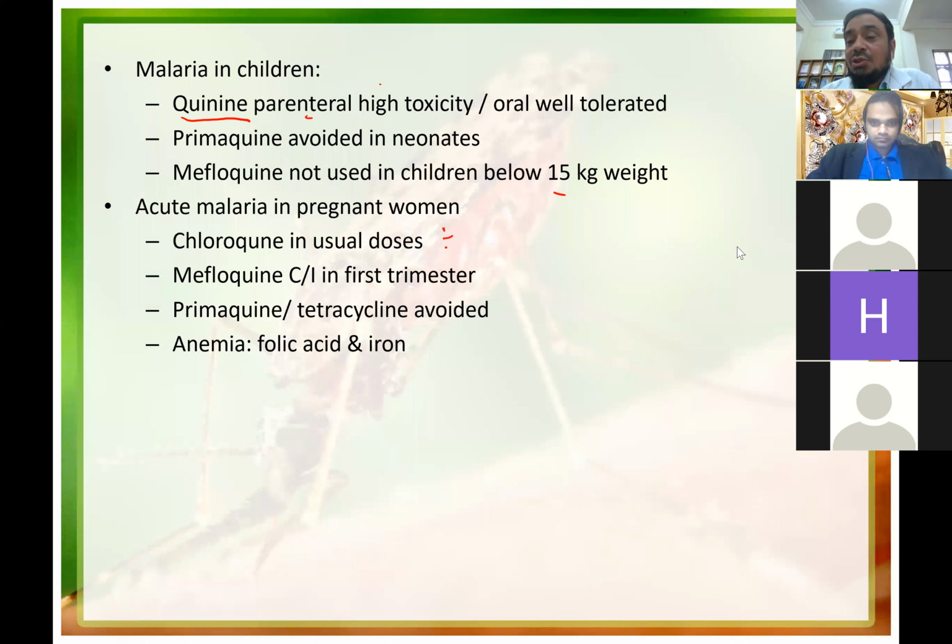Then you can be asked a short note on uses of chloroquine, because chloroquine is used in many other indications apart from malaria. So remember the uses of chloroquine. You can be asked a short note on adverse effects of chloroquine. Then a short note on mefloquine or any antimalarial drug.